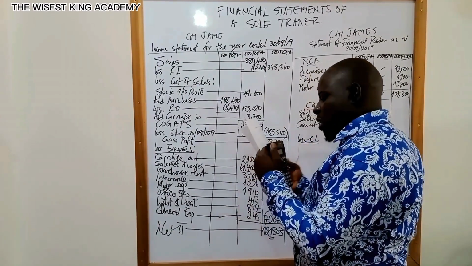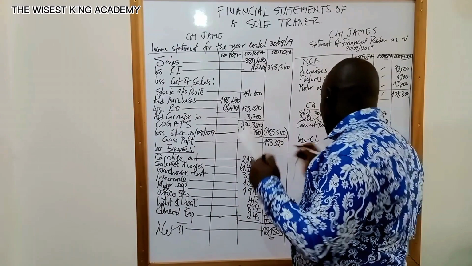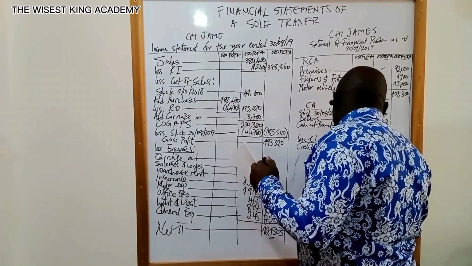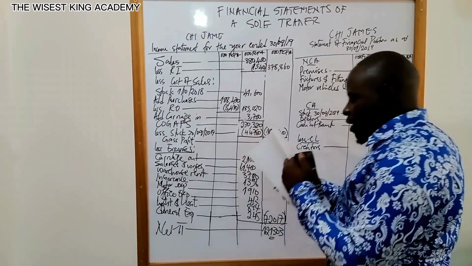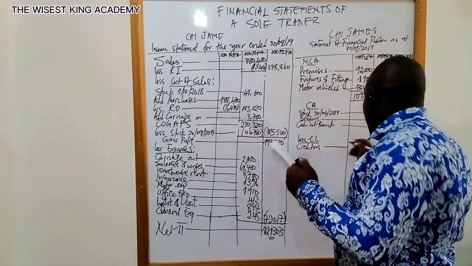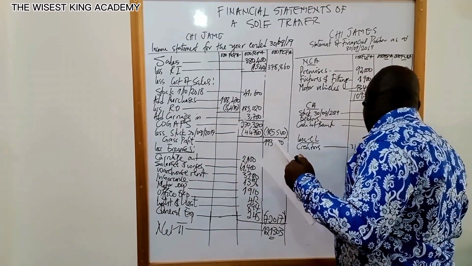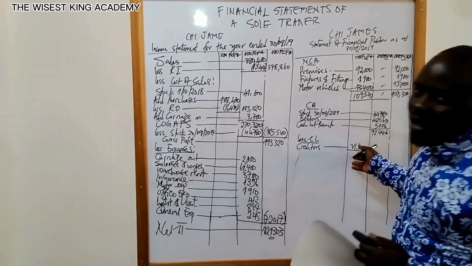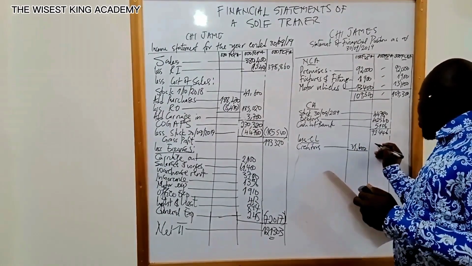Now we have just one current liability here, which is creditors. Our creditor is 31,600. Now, if we have many, we'll put them in the first column, then take the total in the second column.